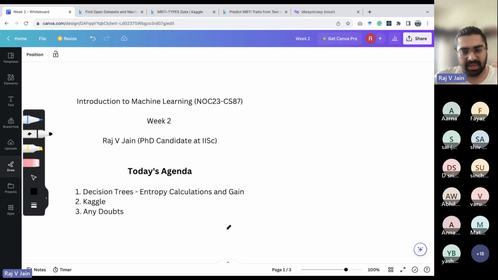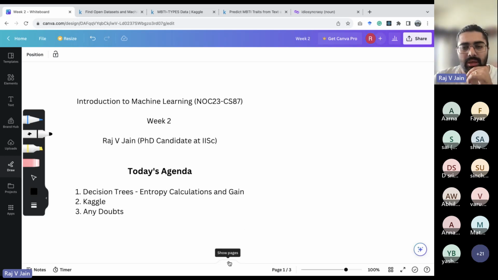Let's do it step by step, taking an example: what exactly are the entropy values and the gain values, etc. Then we'll discuss a bit on Kaggle so that it's easy for you to get started with any data set and any algorithm that you want to try. And then we can cover other doubts that you might have for the coming week's assignment and so on.